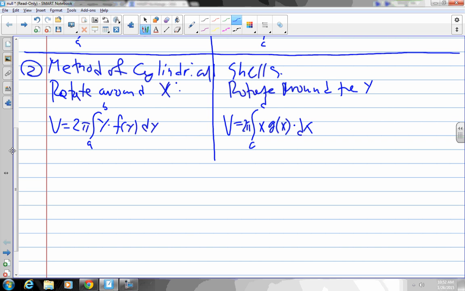Okay? So two formulas. Sometimes one works better than the other. It depends which way you slice it. Sometimes they both work fine. I just want to do an example where we can use both of them.